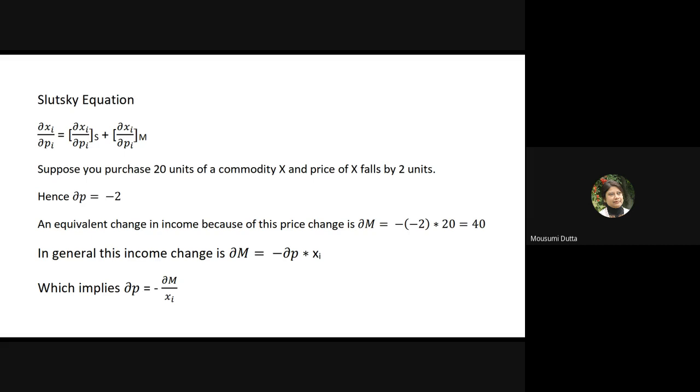Remember that this income effect has not been generated because of a change in money income. Rather, it has been generated through the price channel. So there will be certain changes in the price of the commodity, and for that matter, your purchasing power will either increase or decrease. If there is a reduction in the relative price of the concerned commodity, your real income will increase.